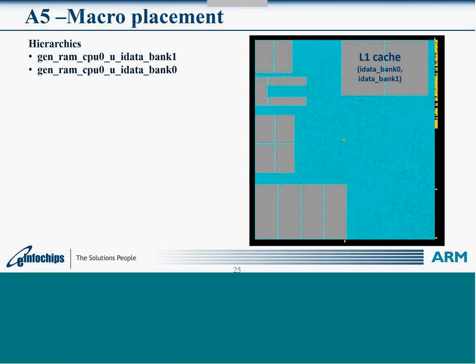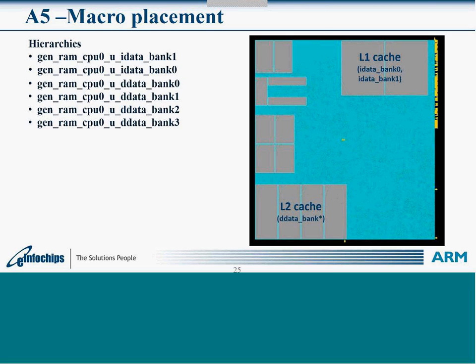So that's how you can see all the ports are placed on the right upper side, and the L1 cache memories are placed on the right upper side, very close to the ports. And these are the L2 cache memories, which are at the bottom left.